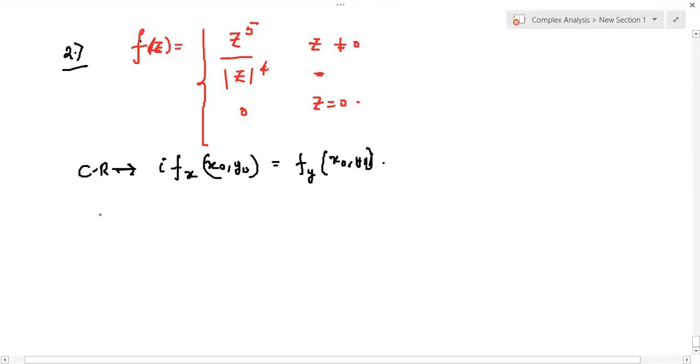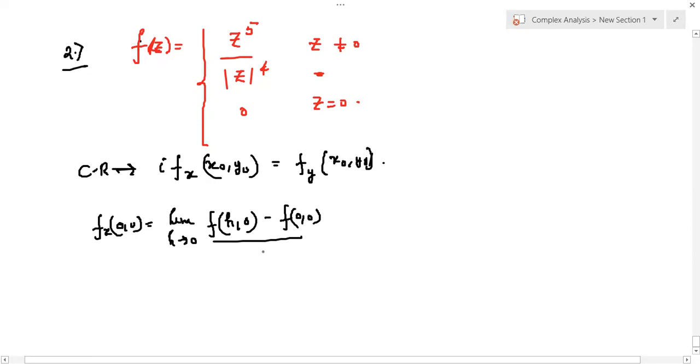Okay, so first find fx. Let's say it's at (0, 0) only that I'm taking. So it is equal to the limit h tends to 0 of f(h, 0) minus f(0, 0) divided by simply h. So it will be equal to h raised to power 5 divided by mod h whole power 4 into h.